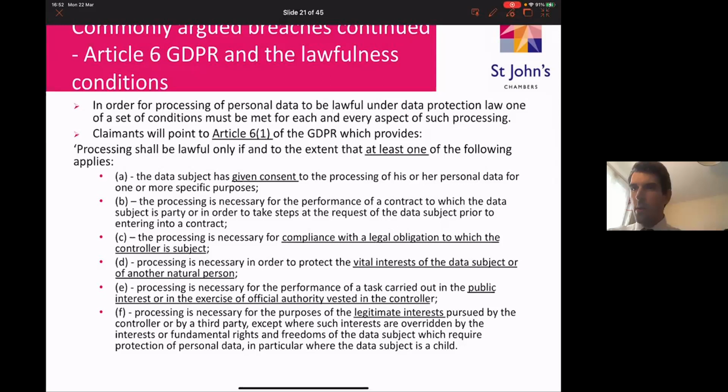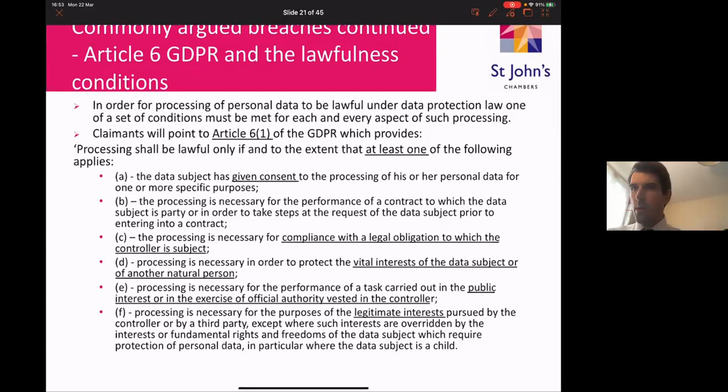And you've got there each of the subparagraphs to Article 6.1. I won't read them out for you. Again, it's a detailed article, but these are the things which a claimant will say have not been done, and the defendant, in defence of these cases, will show that it has done at least one of these things if the personal data concerned is not within the special category of information.